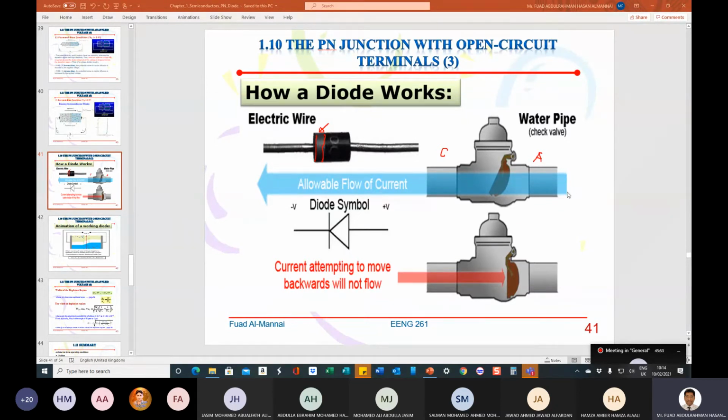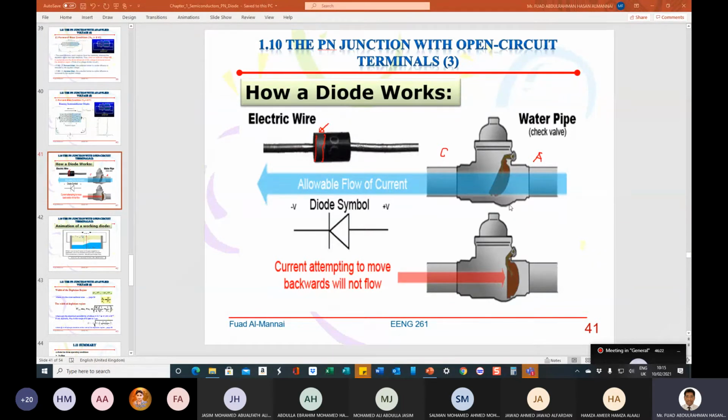If you apply water from here, this is the anode, then the diaphragm will move away and the water will flow like this. That's an example of forward bias, because this is the anode and this is the cathode.